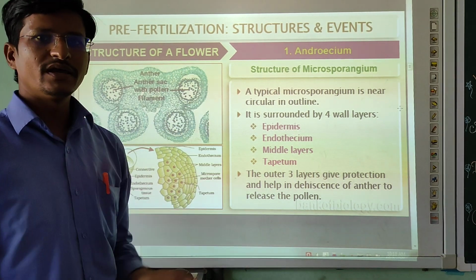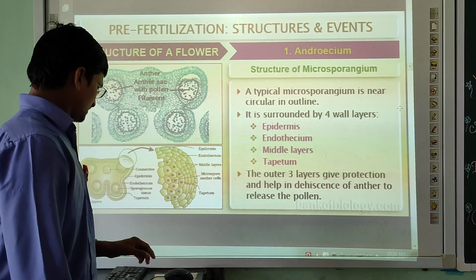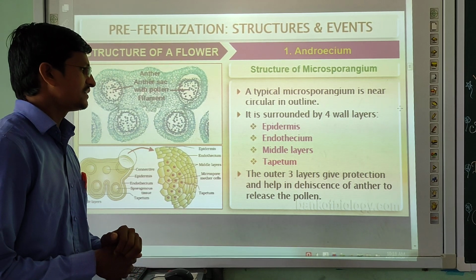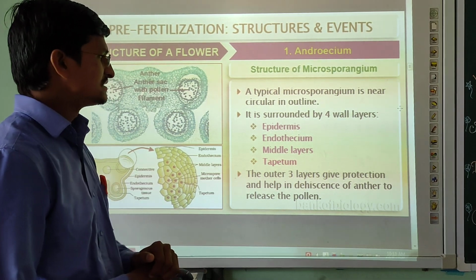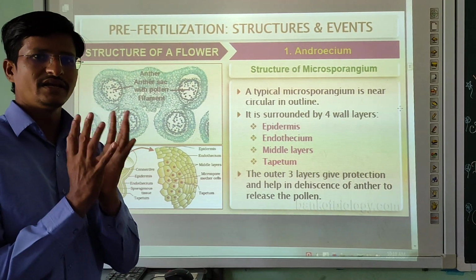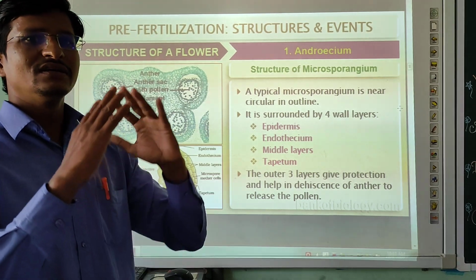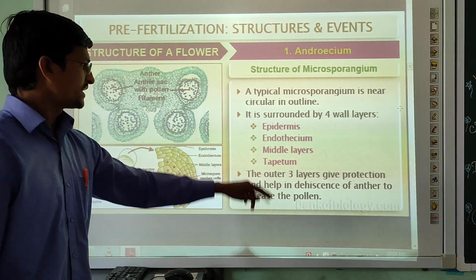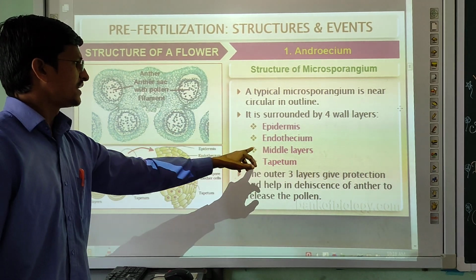The epidermis provides outer support, and the outer 3 layers give protection and help the anther to release the pollen. When the pollen grains are mature, at that time it will release them. Before that, these 3 layers are protecting them.